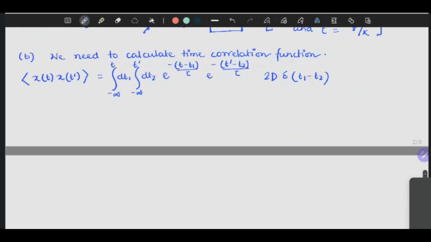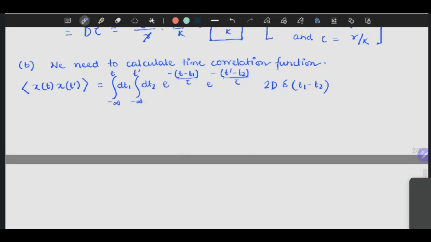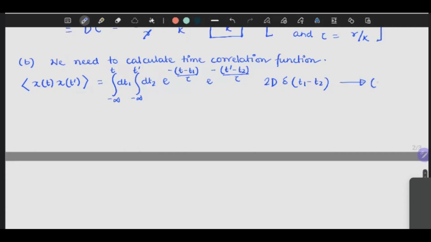Okay, now we will sort of play around these expressions, like let's say this equation 2.